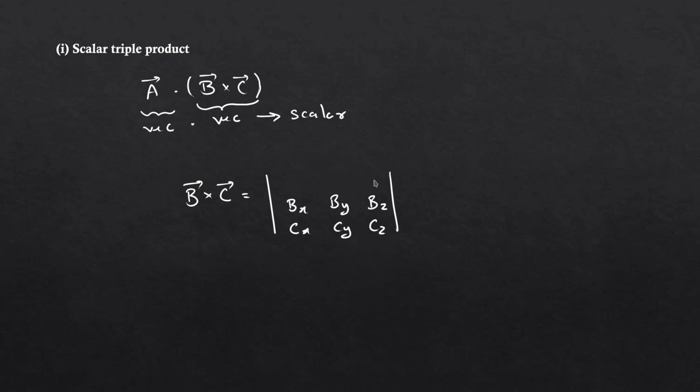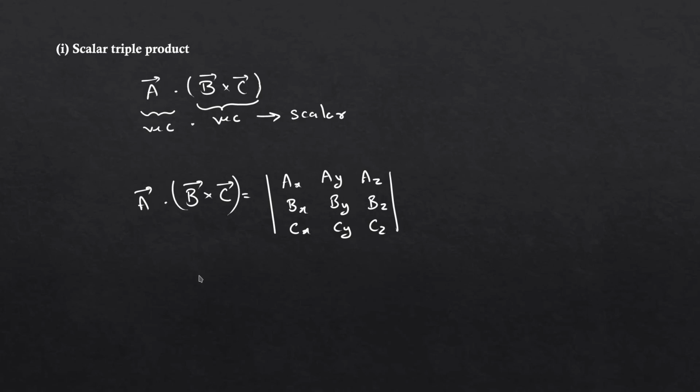I haven't written this x cap, y cap, z cap intentionally because I am going to fill it up. If we take the dot product of it with A, the components of A will be filled here. So ax, ay, az. This is the scalar triple product. So this is simply the determinant of the components of all the three vectors. So it's very easy to calculate.